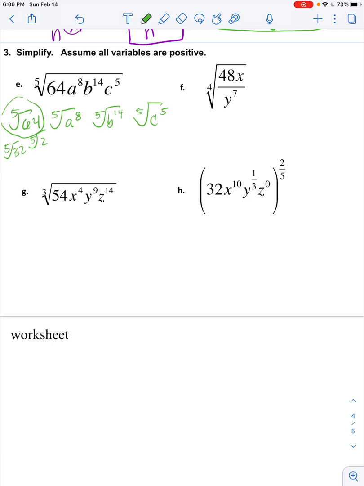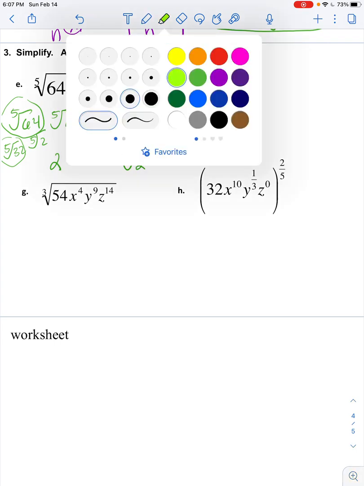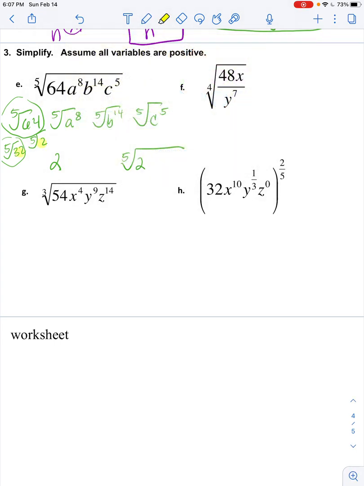I can split it into 32 times 2. This is going to come out as a 2. And then later in whatever's going to be stuck under here, I'm going to have a 2 as well. Because when I split it up, 32 times 2, the only one that can come out is the 5th root of 32.